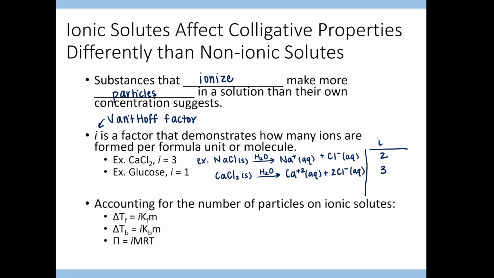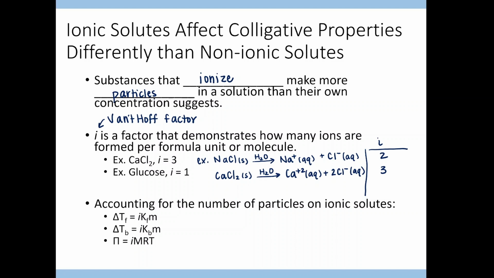So this factor accounts for the number of ions generated per 1 formula unit of the ionic compound. Sodium chloride, 1 formula unit, dissolves into 2 ions, so its Van't Hoff factor is 2. Calcium chloride, 1 formula unit, dissolves into 3 ions, so its Van't Hoff factor is 3.